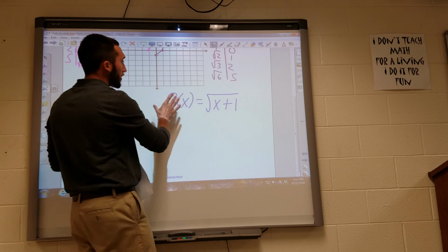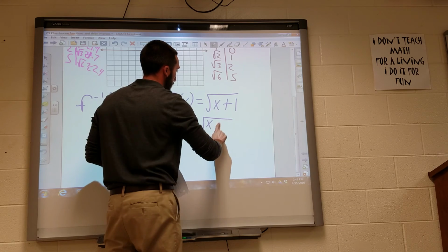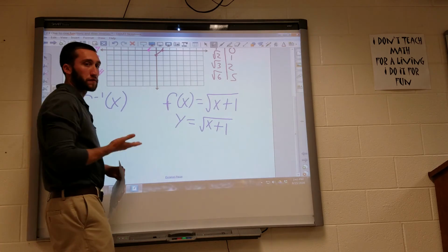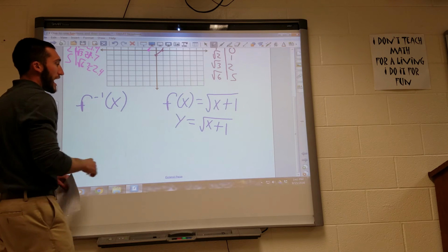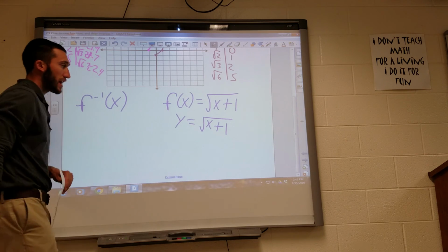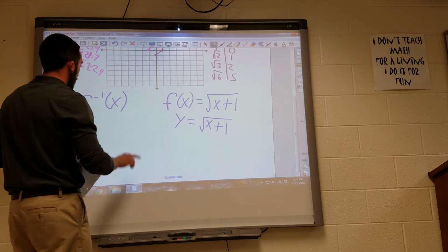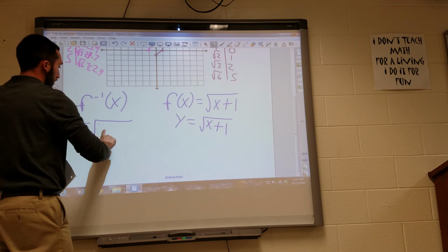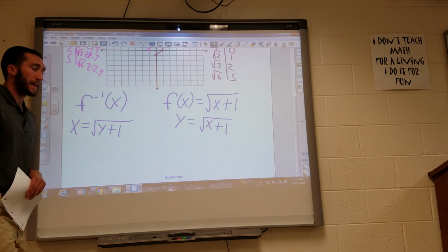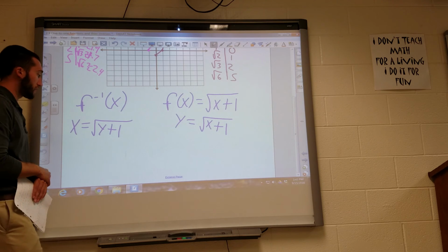So really, f of x, right, we know that means that y equals radical x plus 1, right? That's just function notation for y. So to find f inverse of x, I'm going to switch x and y, and then go ahead and solve for y again. So to find f inverse, I say x equals square root of y plus 1. And now I just have to work backwards to get back to the y to find the f inverse.